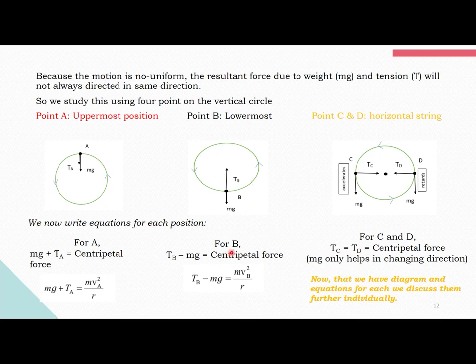For B, Tb minus mg is equal to centripetal force. Tb minus mg is equal to m vb square upon r.